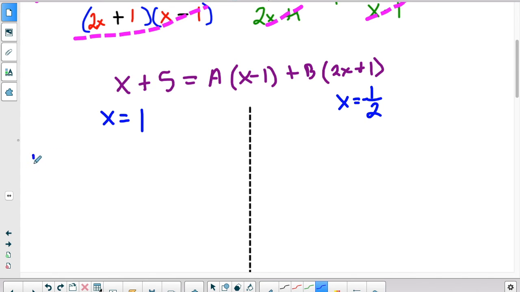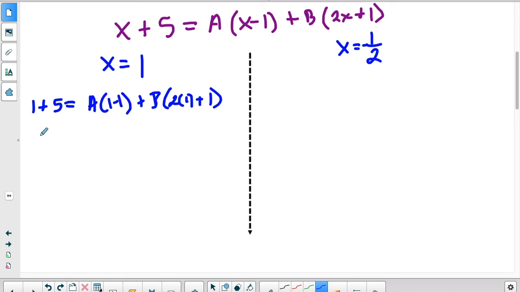So if I plug in 1, I get 1 plus 5 is equal to a times 1 minus 1 plus b times 2 times 1 plus 1. Now we're going to solve this out here. 1 plus 5 is 6, is equal to a times 0 plus b times 2 plus 1.